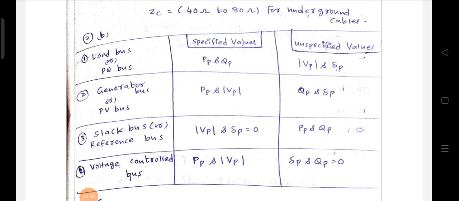First one is load bus, second one is generator bus or PV bus, third one is slack bus or reference bus, fourth one is voltage controlled bus. In case of load bus, specified values are P, real power, and Q, reactive power. Unspecified values are magnitude of V, voltage, and delta, angle.